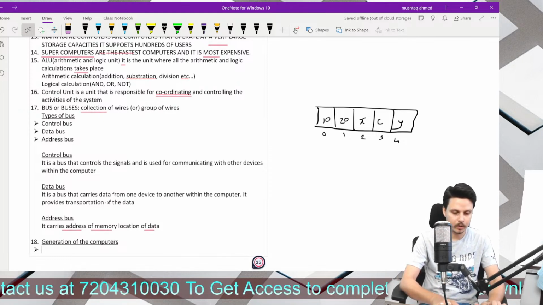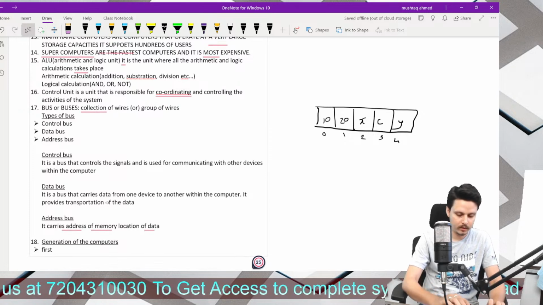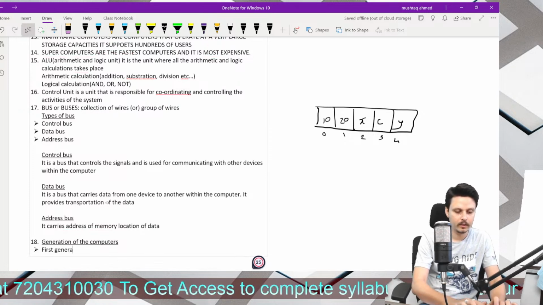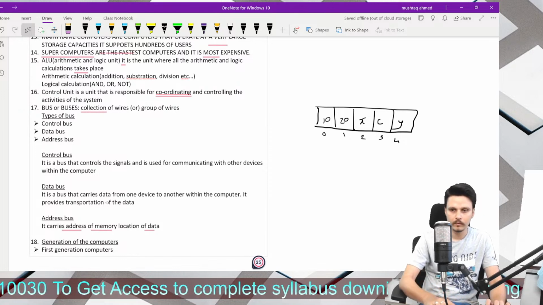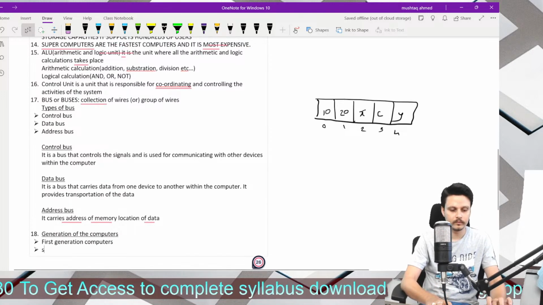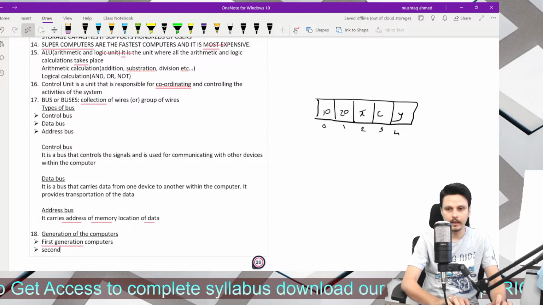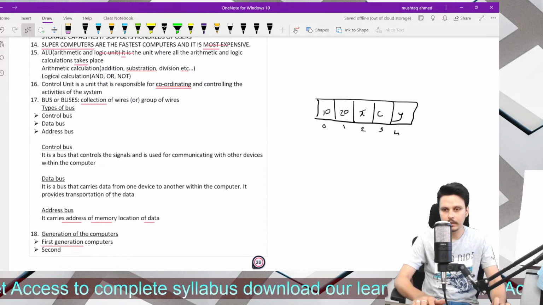First generation computers. Second generation computers.